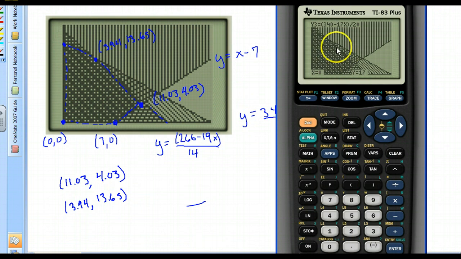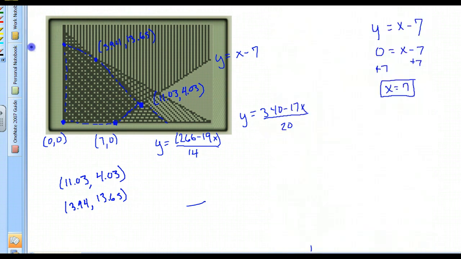And then finally there's the y-intercept of y3, and that's the one we want. So 0, 17. Alright, so there's 1, 2, 3, 4, 5 test points that we're going to try.